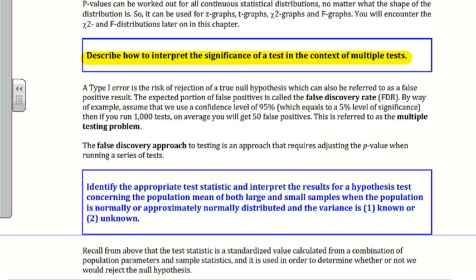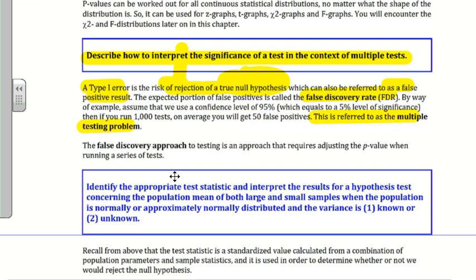Okay, a type 1 error. What is a type 1 error? It is the risk that I reject a true null hypothesis. Because remember, if the null hypothesis is true, what should I do? I should fail to reject. I shouldn't reject it. That's called a false positive, often denoted by the FDR, the false discovery rate, and that's often called the multiple testing problem.